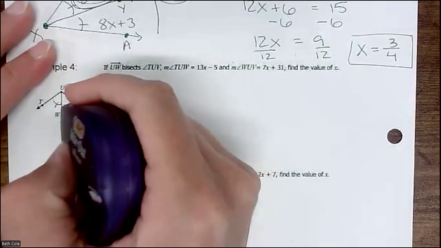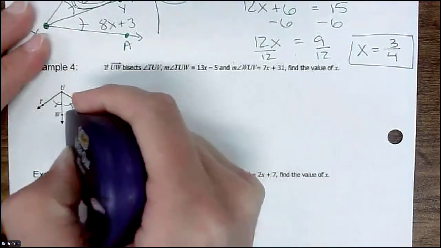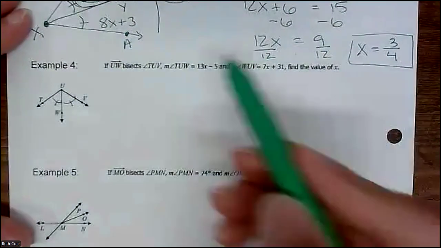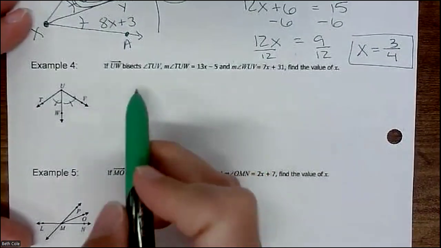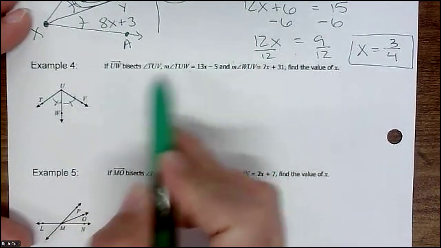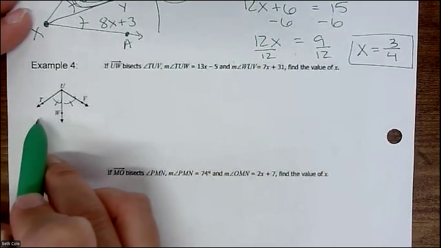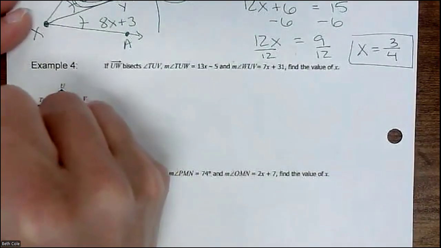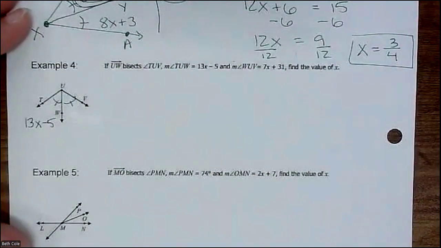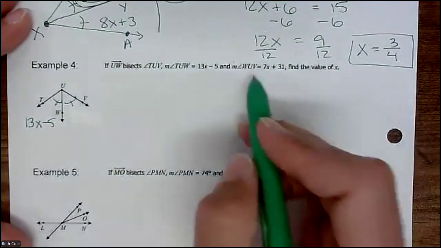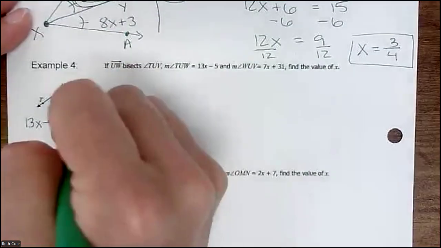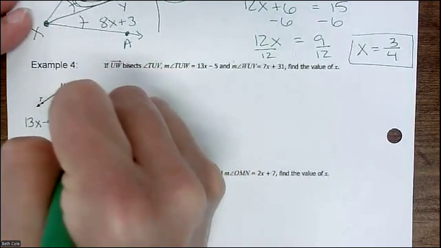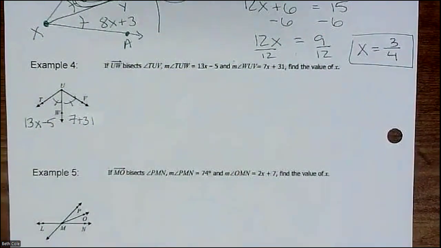All right, so I am so sorry. This 13x minus 5 is TUW. Okay, so this side. Thank you. Oh, but actually that means it would be the, oh no, WUV is 7x plus 31.